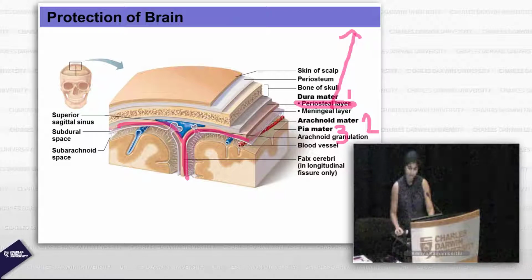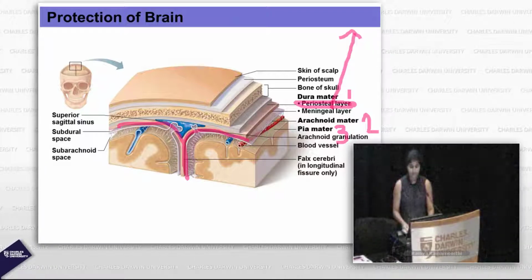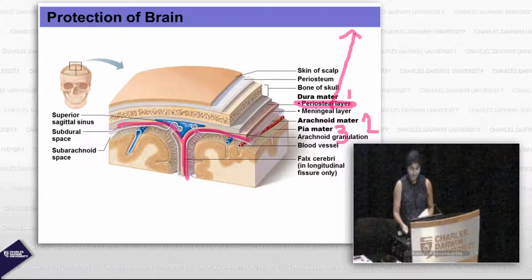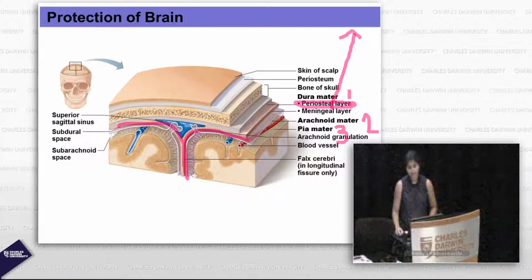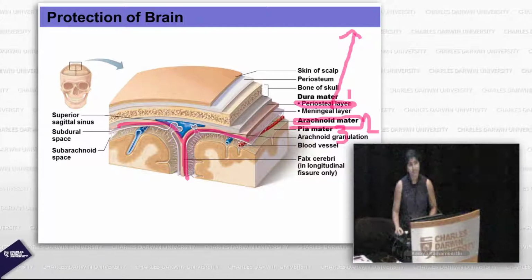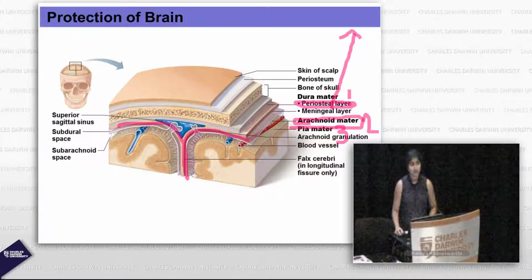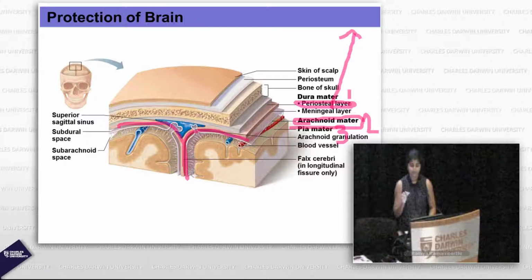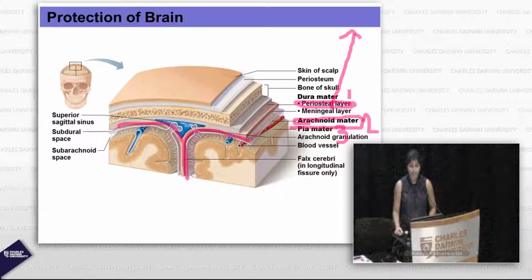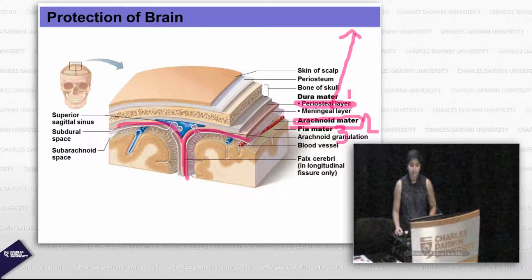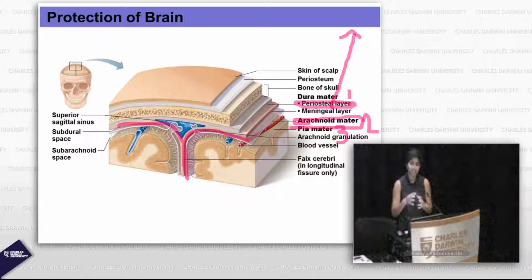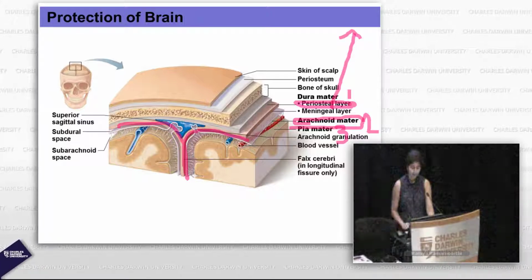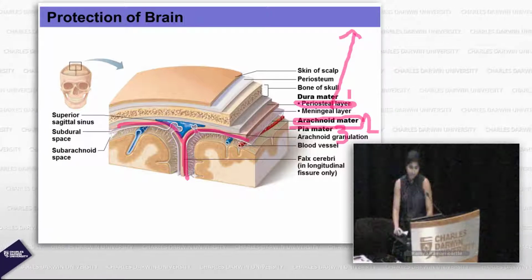The arachnoid mater is the second layer, and there is a space between the arachnoid layer and the pia mater, which is called the subarachnoid space. That's very important as well, with lots of significance, and we'll talk about it later. The pia mater is the brain protection that adheres very closely to your actual brain structures.